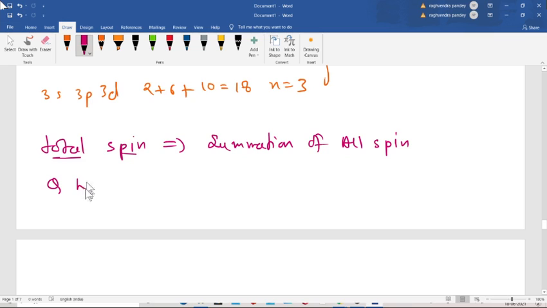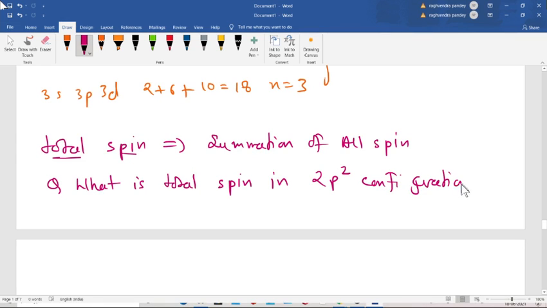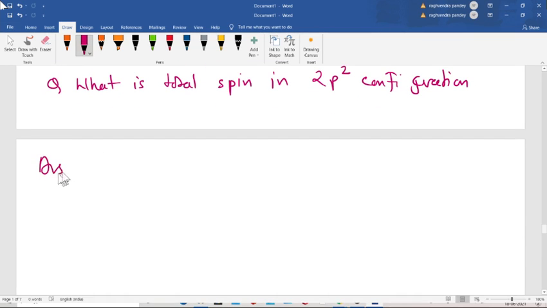For example, they can ask, what is the total spin in 2p2 configuration? 2p2 means there are two electrons in p orbitals, like this.